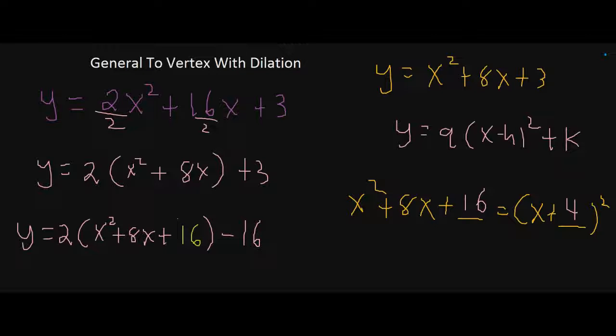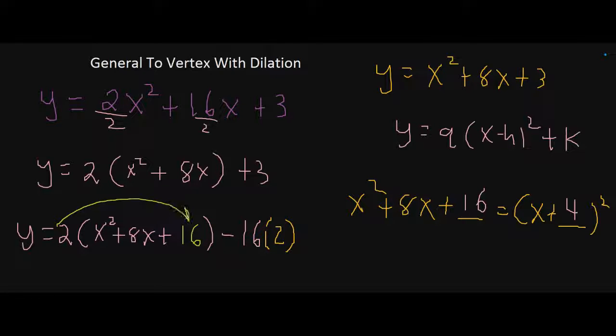But we have to be careful, because if we distribute this 2 out, we will get 2 times 4, which gives me 8. So if we subtract by 4, 8 minus 4 is not going to cancel out, and we want it to be 0. So when we do problems like this, to ensure that they cancel out, we have to multiply this number by our dilation, which was 2. We have to multiply this by 2, which is this number here. And if you wanted to, you could verify this.